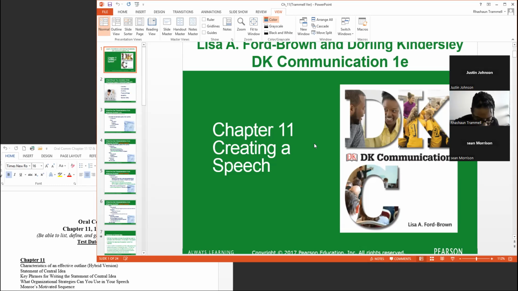I'm also looking at my notes here to make sure I cover everything that I intend to cover for this review, so that's why you'll probably see me looking down a bit. So first things first, characteristics of an effective outline. I'm assuming you guys can hear me just fine.